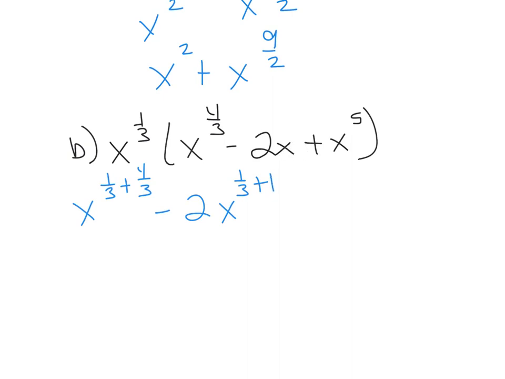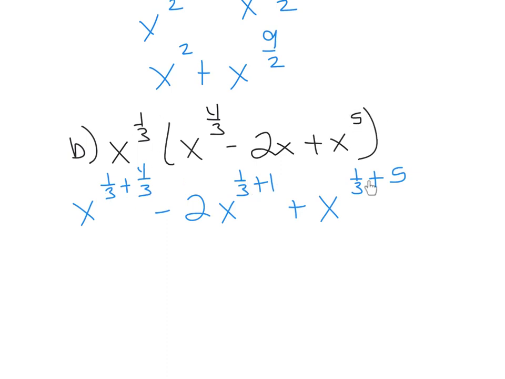So 1/3 plus 1, plus x to the 1/3 plus 5. Right, so I multiplied here times here, and I added these exponents, then here times here, and I added 1/3 plus 1, then here times here, and I add 1/3 plus 5.